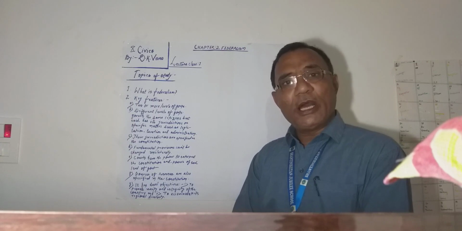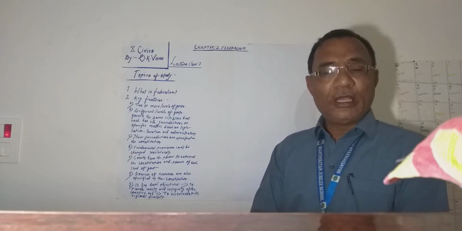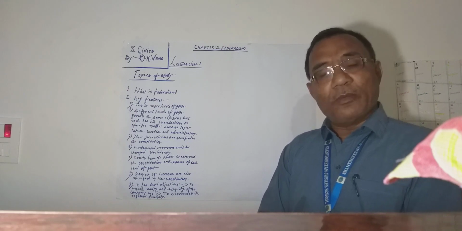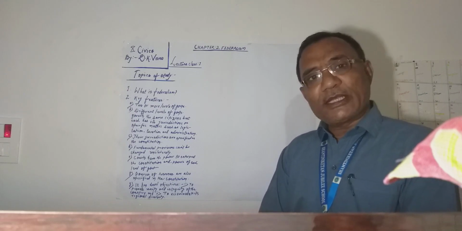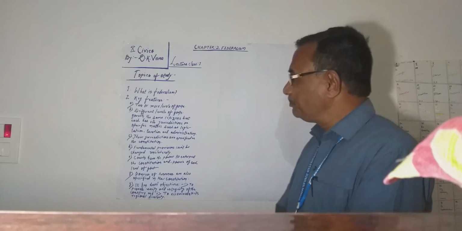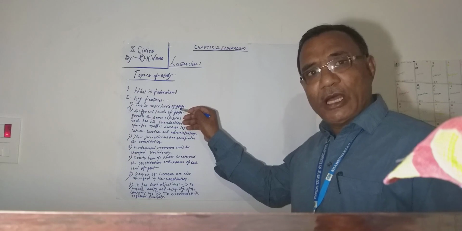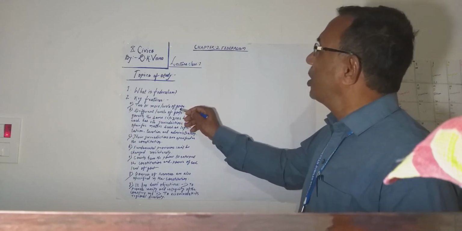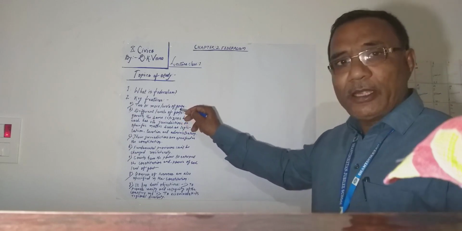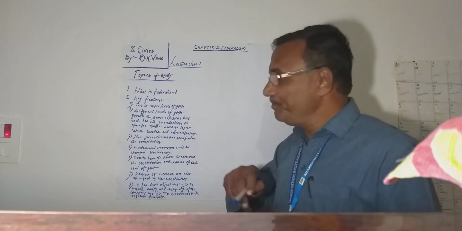State governments are also elected governments, and local self-governments are also elected bodies. And the same citizens elect all levels of the government. So, in a true federal system like India, there are two or more levels of the government. That is a key feature of Indian federation.